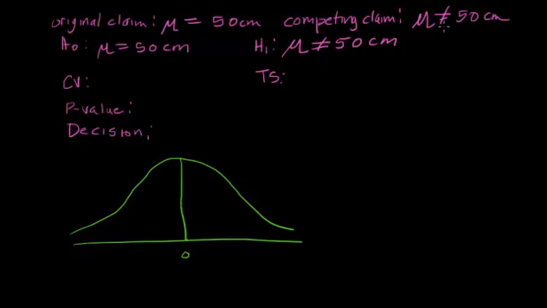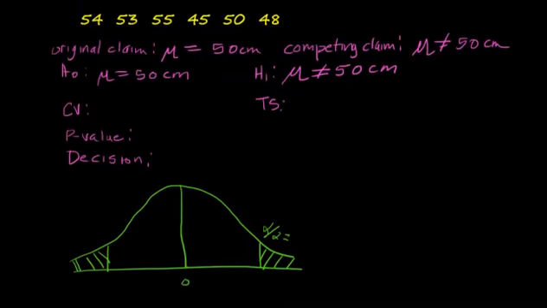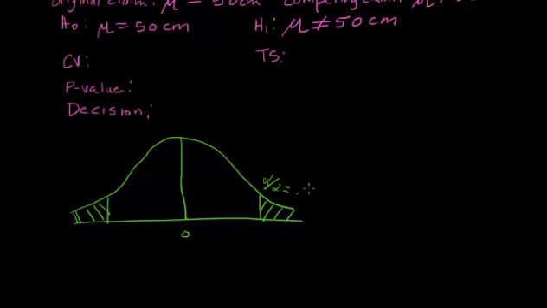This time our alternate hypothesis tells us we have a two-tailed test, where the area on either tail is alpha over 2. We have to split our alpha. We said alpha is 0.05, so we'll have 0.025 on the right and alpha over 2, or 0.025, here on the left.